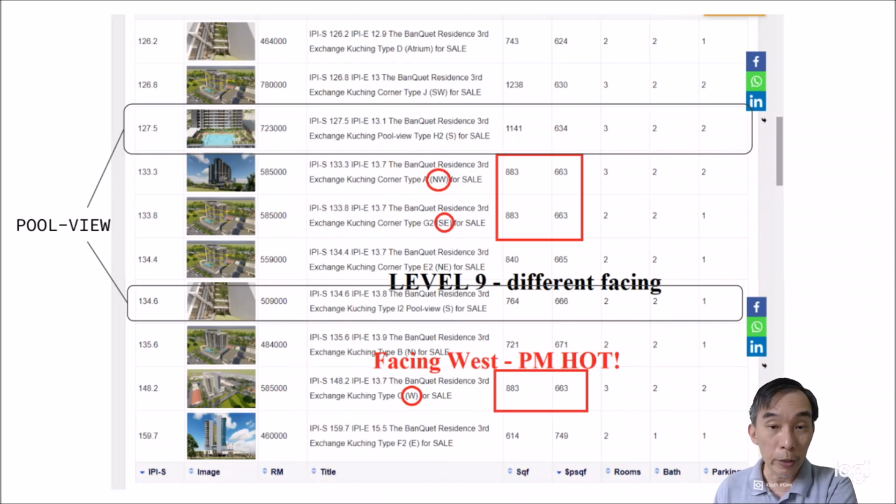So in the same context of understanding pool view among the same units of the same floor, it doesn't seem that this project put emphasis on the pool view and tried to sell these units at the pool view at a much higher price than the other units.